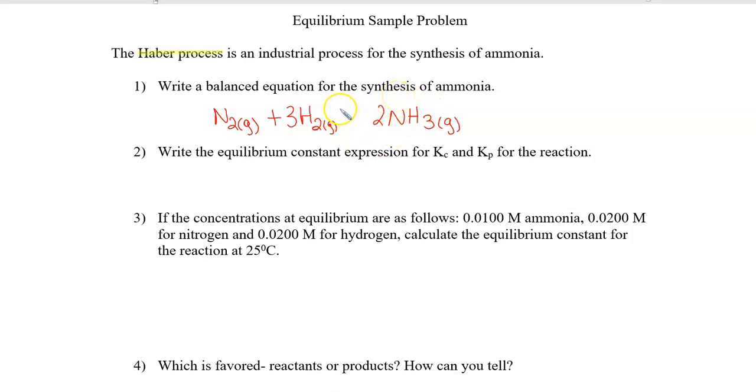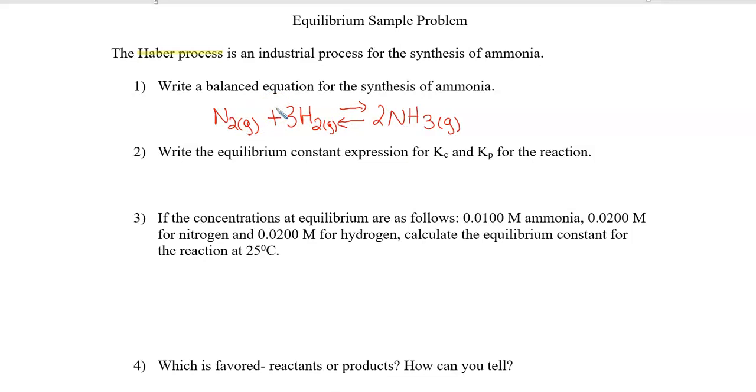If we get the conditions just right, we make ammonia, then all of a sudden ammonia would start breaking down, and we could reach a state of equilibrium in a closed system. That's when the forward reaction of making ammonia equals the reverse reaction of making nitrogen and hydrogen.